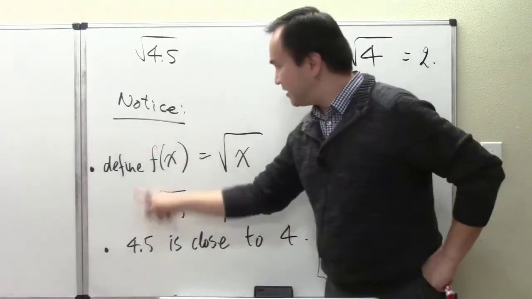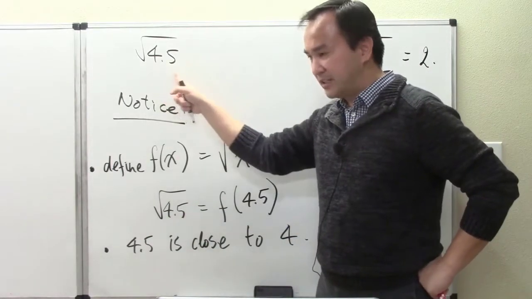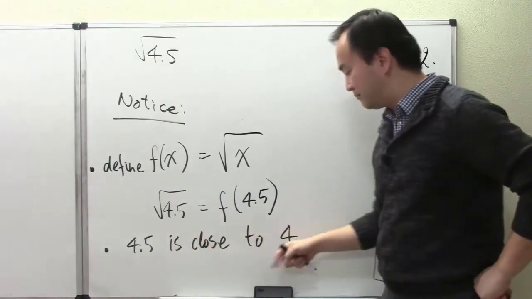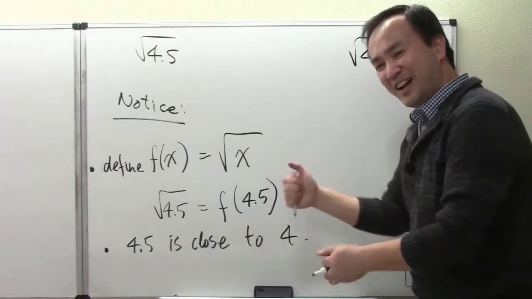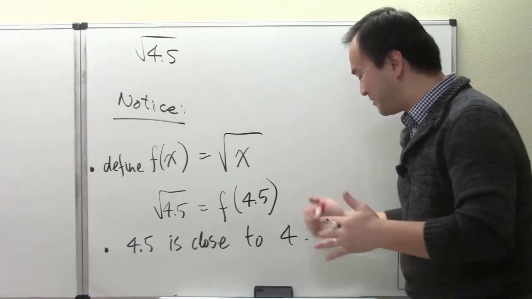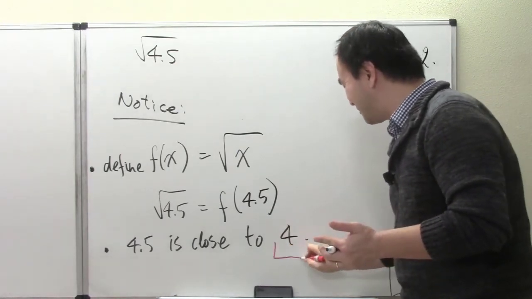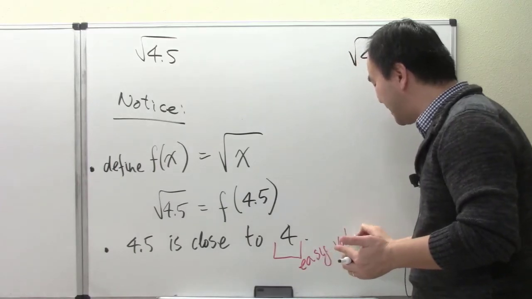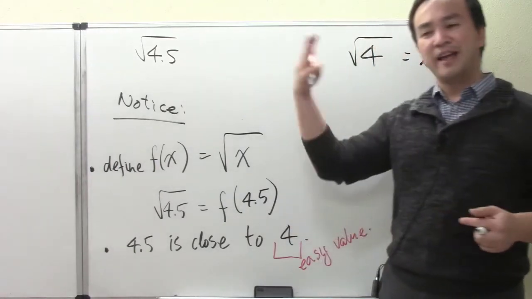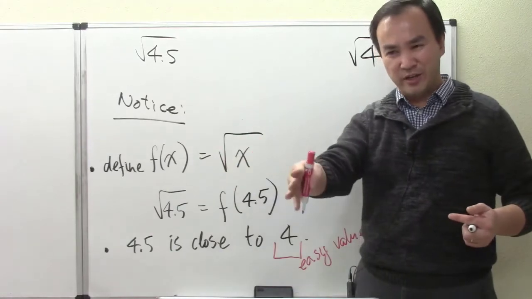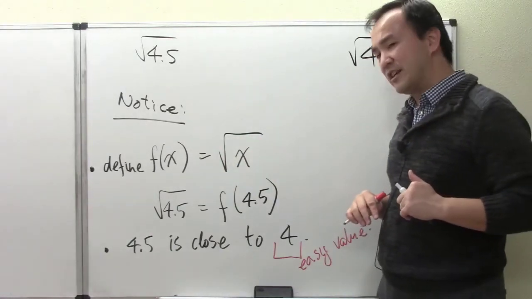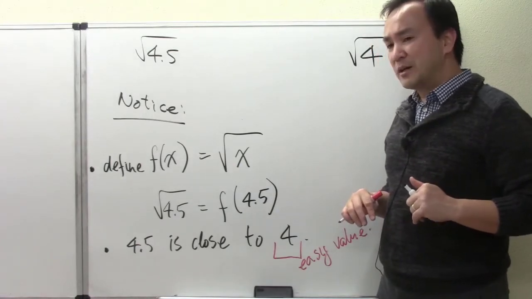And then the value that we are attempting to actually calculate is close to what I call, a term I developed over my years of teaching this kind of stuff, the easy point. The easy value, where whether you are using the calculator, it's not going to cost too much calculator strength, and it's not going to cost too much brain power.